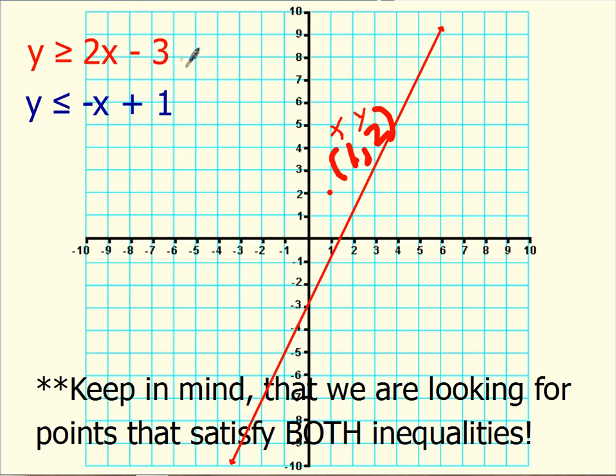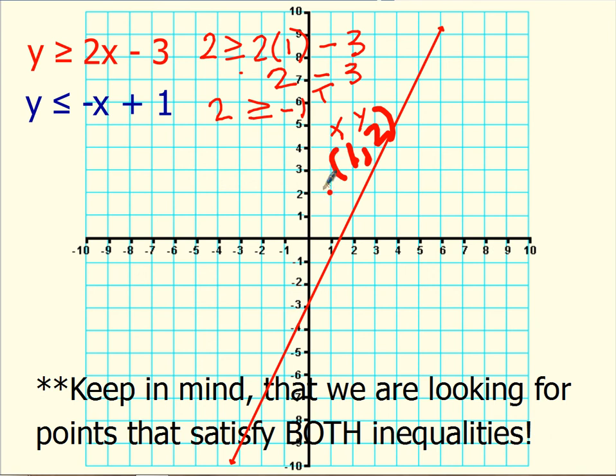So I'm going to take my inequality and plug a 2 in where y is: 2 greater than or equal to 2 times x, which is 1, minus 3. 2 times 1 gives me 2, minus 3 on this side. 2 minus 3 is -1. Is 2 greater than or equal to -1? If this is true, which in fact it is, then I know that that is the side of the line that needs to be shaded.